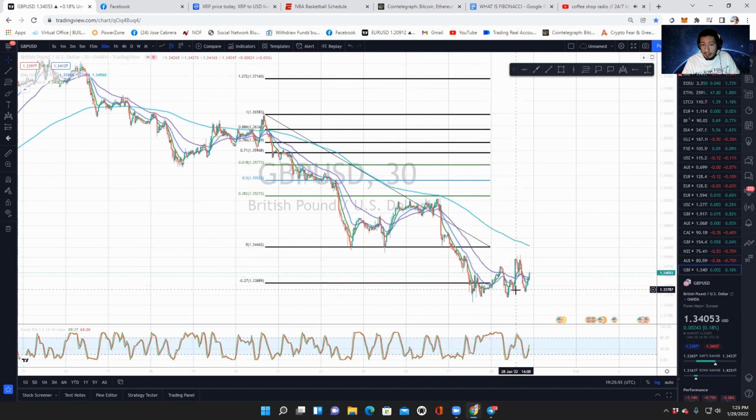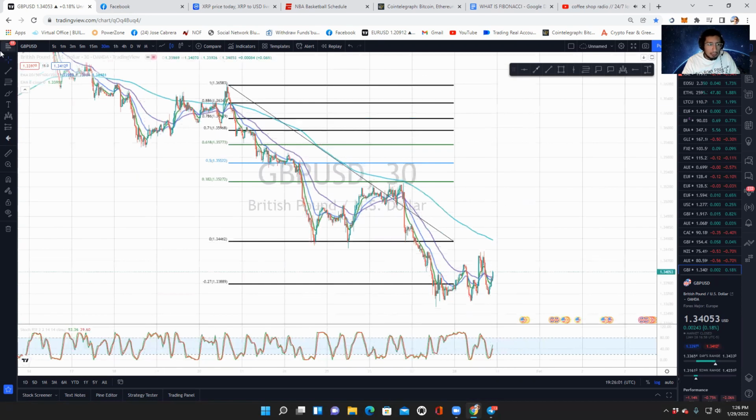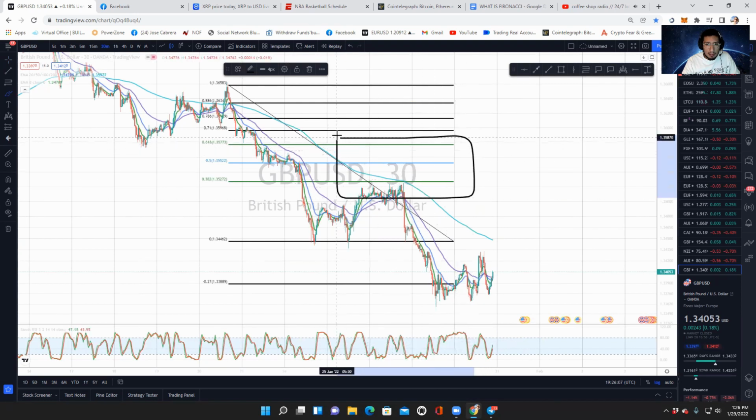We were trying to catch that. So in all reality, my three levels that I told you guys about are right here. These three levels are the major percentages, so the 618, 50, and the 382, they're all right here.